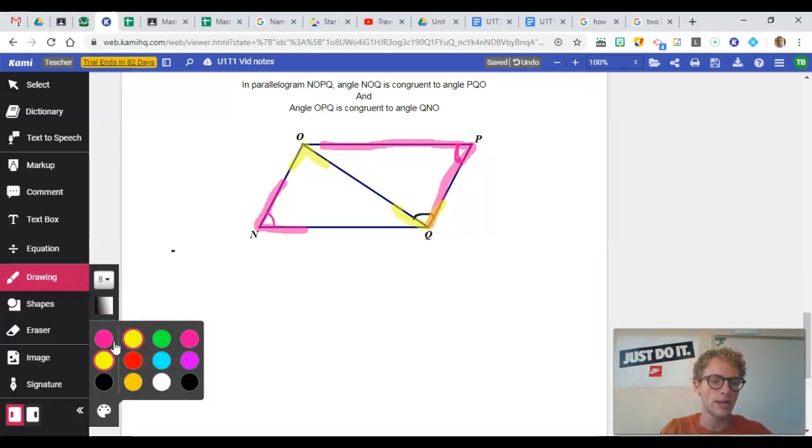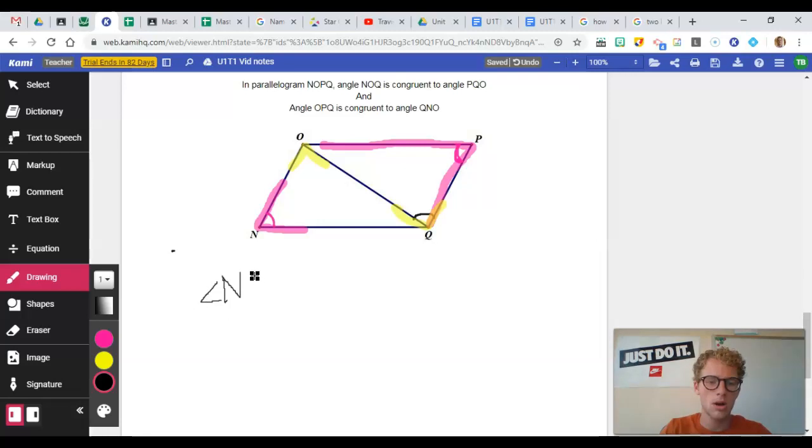The way to write it is by doing this. Angle NOQ is congruent to angle PQO.